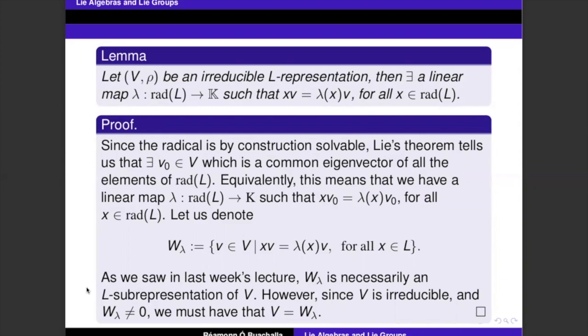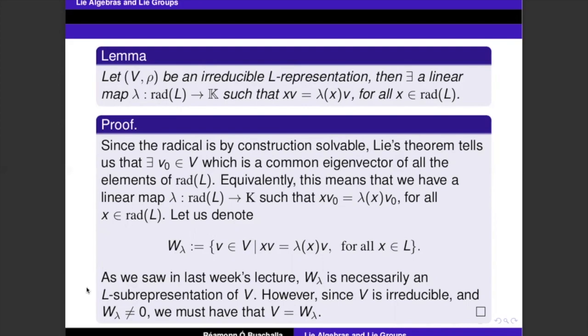Okay, so it means that if your representation is irreducible, the restriction of the representation to the radical is forced to act in a very simple way, completely described by one particular linear functional into the field. So let's see how we might prove that.